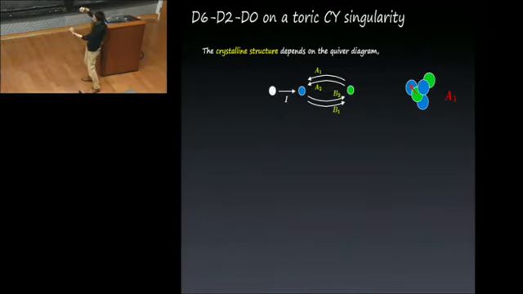For example, if one blue atom is attached to one green atom, then we say that there is a bond between these 2 atoms. The 2 atoms are connected by one bond. And actually, these bonds correspond to the bifundamental fields. So what I'm saying is that the crystalline structure depends on the quiver diagram of the quiver gauge theory. And this quiver, of course, depends on the Calabi-Yau threefold.